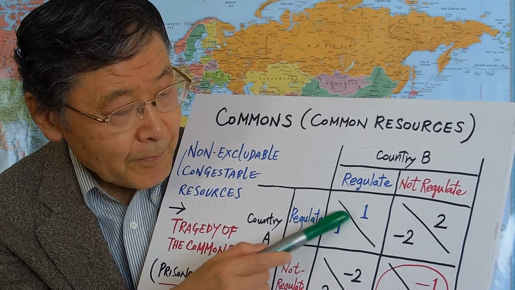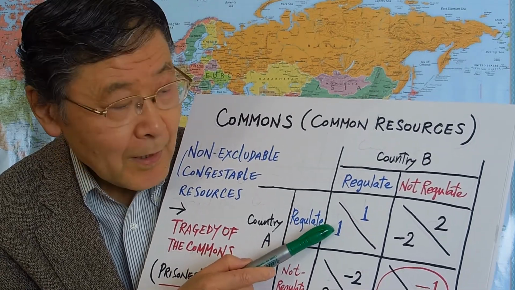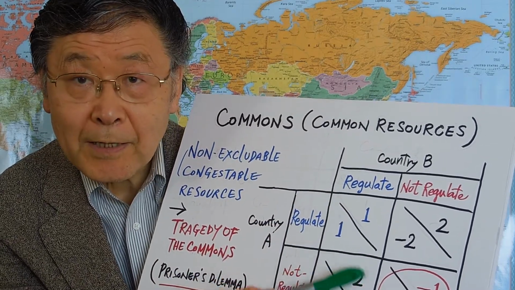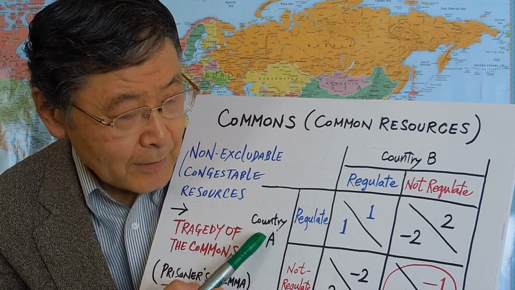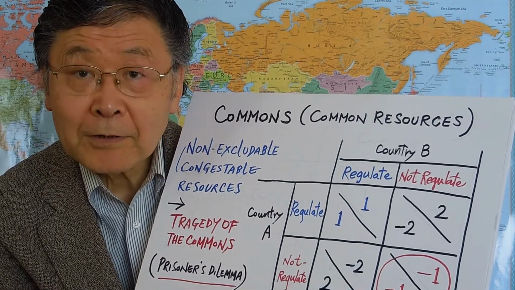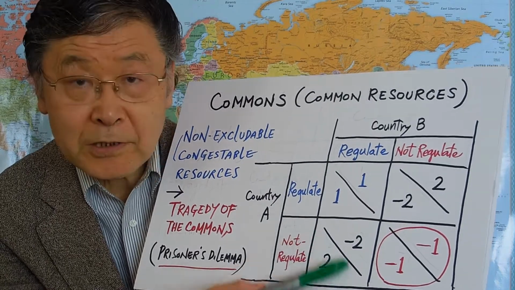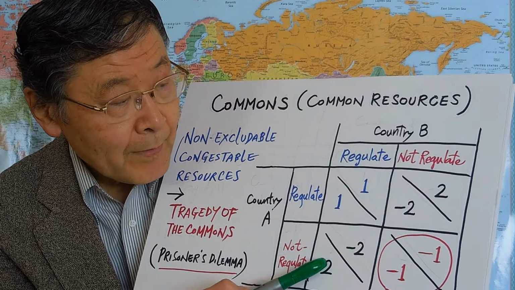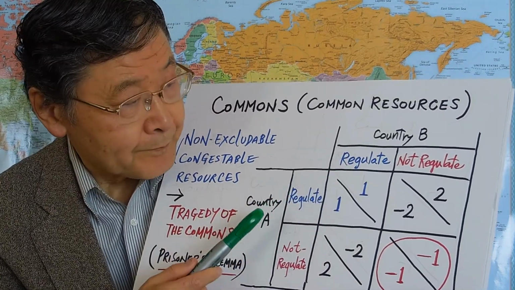If the other country regulates to maintain nice air, then country A should free ride to use air without regulation. So there's no cost borne by country A, so the benefit is greater. The same for country B.